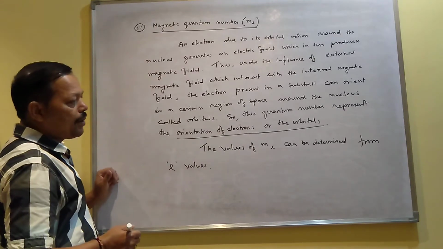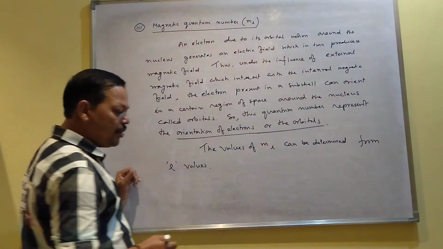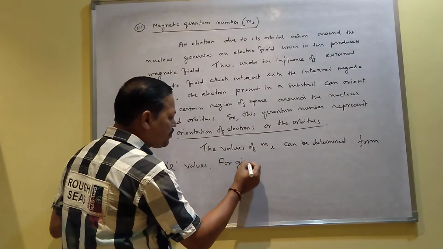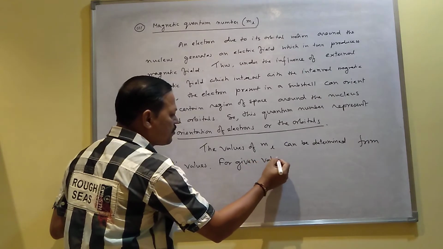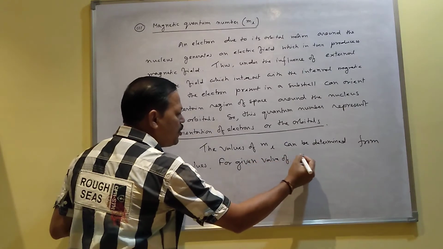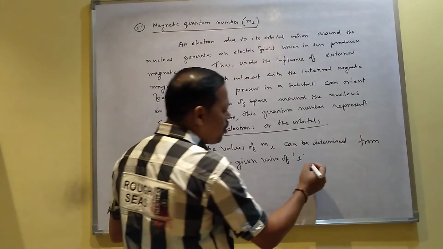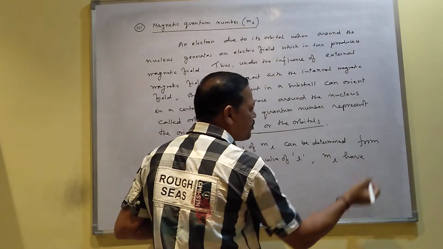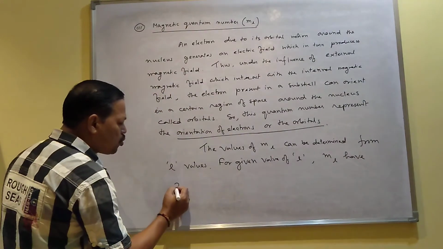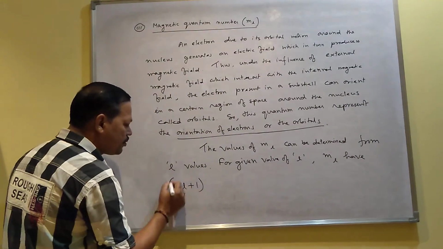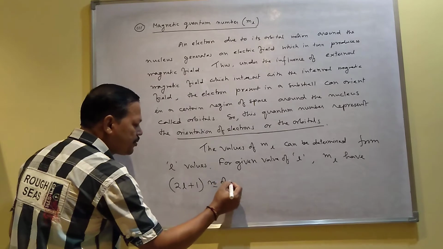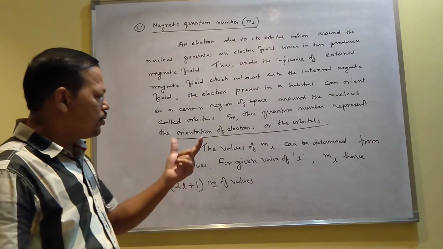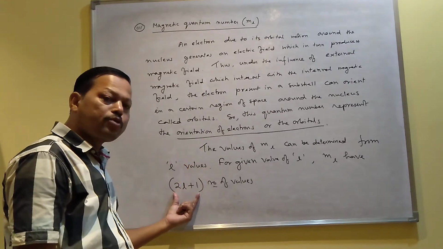For a given value of L, ml has 2L plus 1 number of values. So this represents the total number of values.